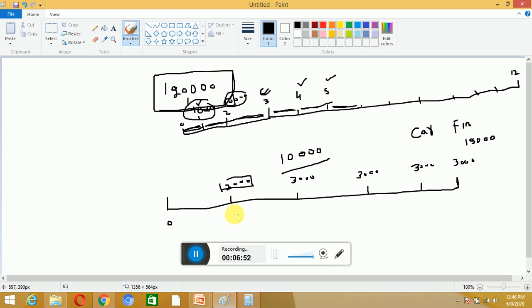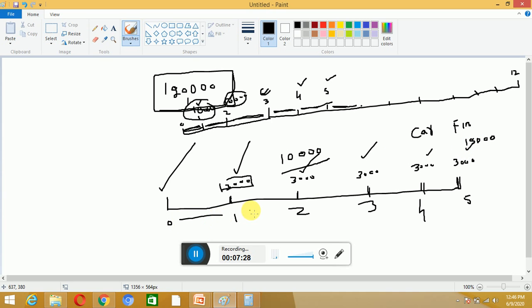Say 0, 1, 2, 3, 4 and 5. Meaning you purchase the car, you will make the first payment after 1 year, the second payment after the second year, then the third, the fourth and the fifth year. So see, the payment is the same, 3,000 is the equal payment, and the time period is also the same.